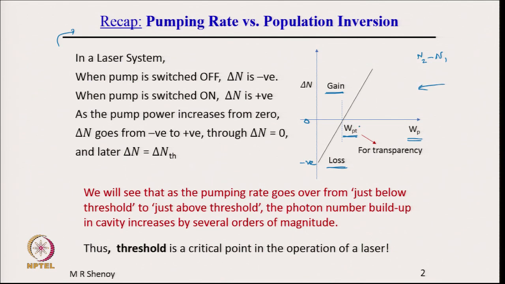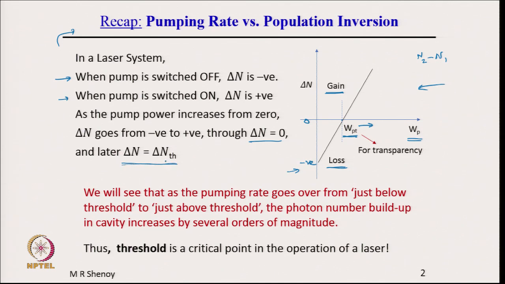If we increase W p beyond that, delta n becomes positive and the medium has gain. Thus, in a laser system, when the pump is switched off, delta n is negative, and when the pump is switched on, delta n is positive. As the pump power increases from 0, delta n goes from negative to positive through delta n equal to 0 at W p equal to W p t, and later delta n equals delta n threshold.